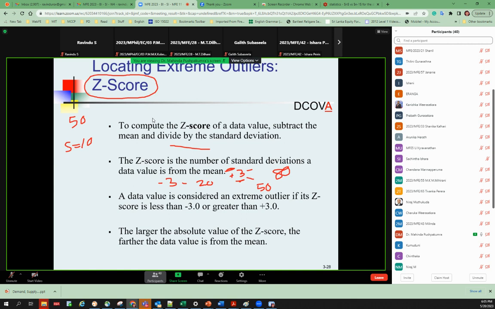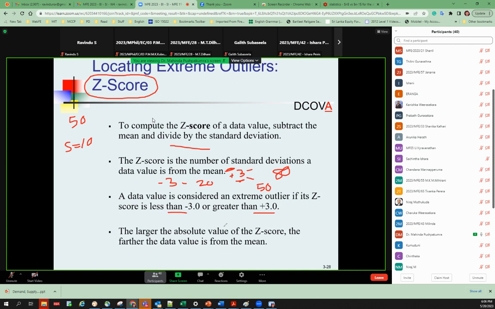The Z score shows how many standard deviations the data value deviates from the mean. This is the criterion you can use to identify outliers.